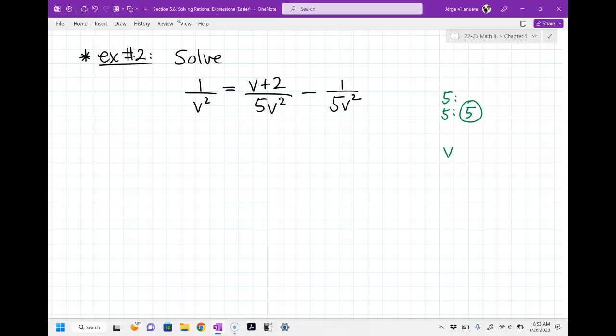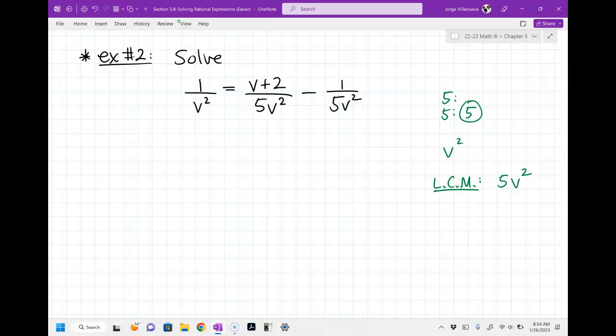Now let's pretend this one had a 3 right here. If this one had a power of 3, then I would have written V to the third. But it doesn't, it has a V squared. So V squared is the letter. Now if there were 2 letters, I would have written both letters and asked myself, what's the highest power? So my LCM is 5V squared.